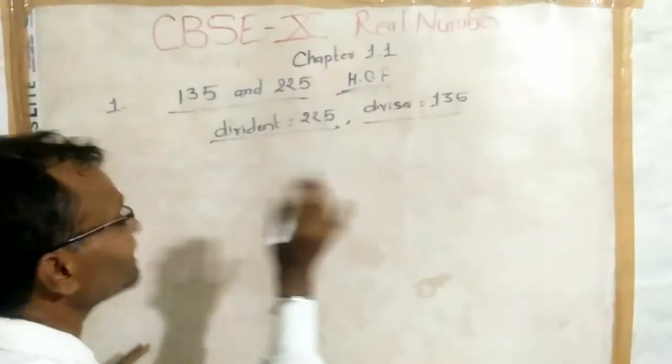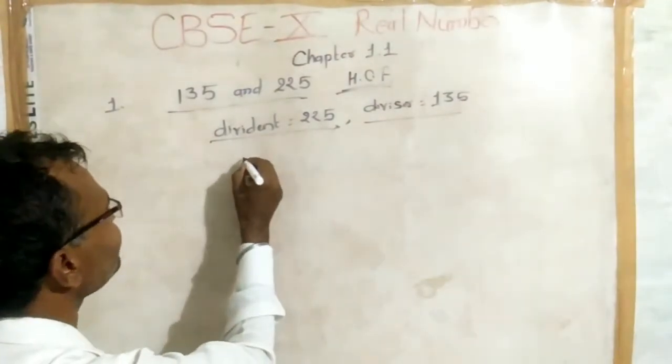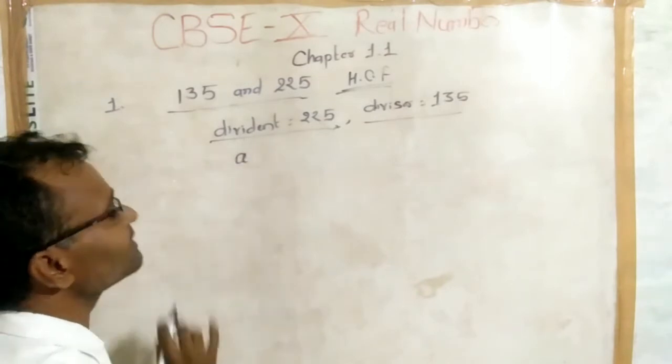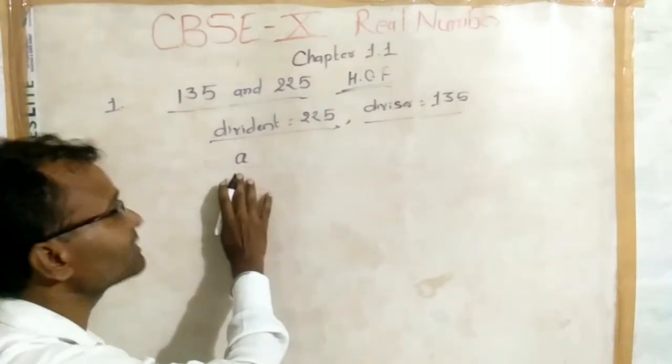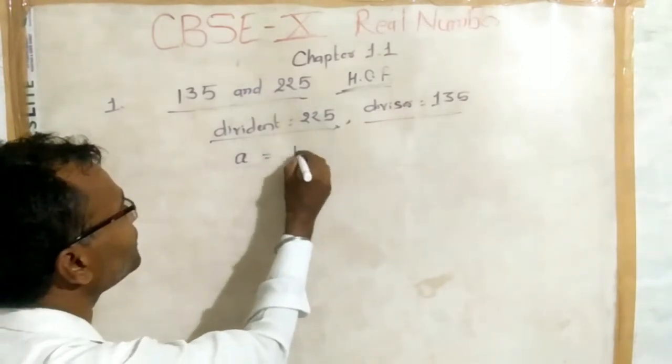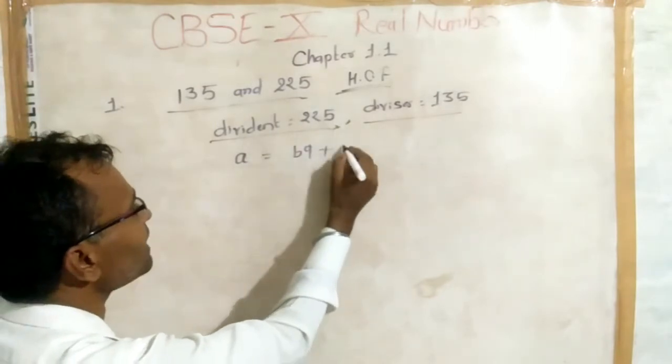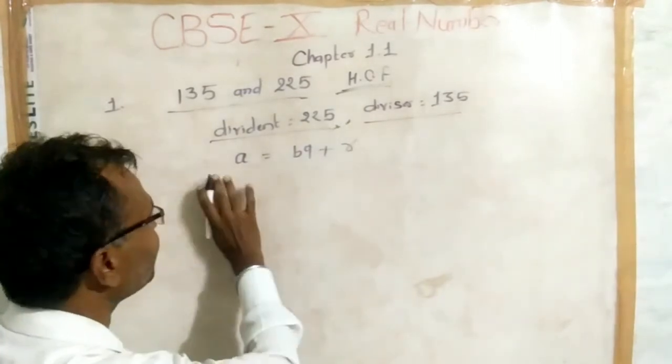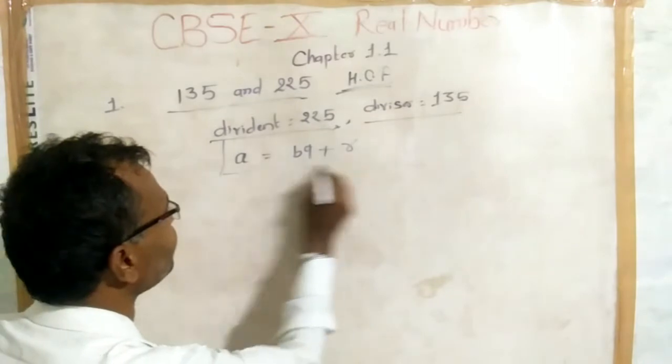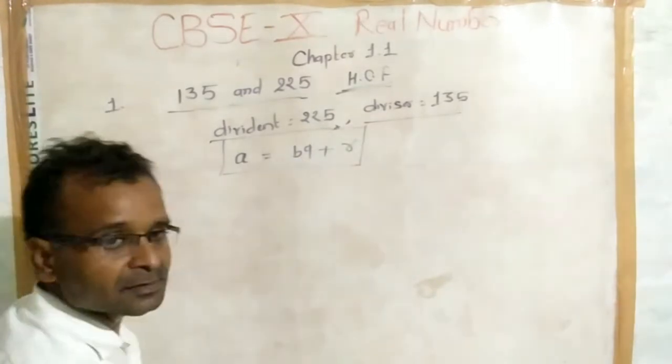According to Euclid division lemma, a equals bq plus r. We have already studied it. This is the statement.